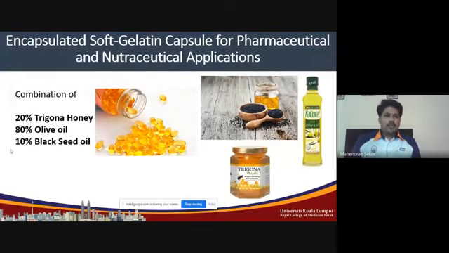Here they use 3 ingredients, especially honey, olive oil, and black seed oil. These 3 are not toxic because they are edible. Normally we take and use them regularly. Even olive oil, we use for cooking. Black seed oil also, we use it. And trigona honey, we know honey is edible and there is no toxicity present in it. So these 3 have been used to prepare the soft gelatin capsules.